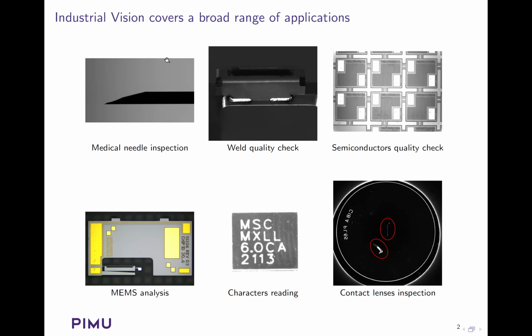Typical applications would be medical needle inspection, weld quality check, semiconductors quality check, MEMS analysis, characters reading, and lenses inspection. As you mentioned before, Daniel, it's mostly either segmentation tasks or object finding tasks, typically finding defects.